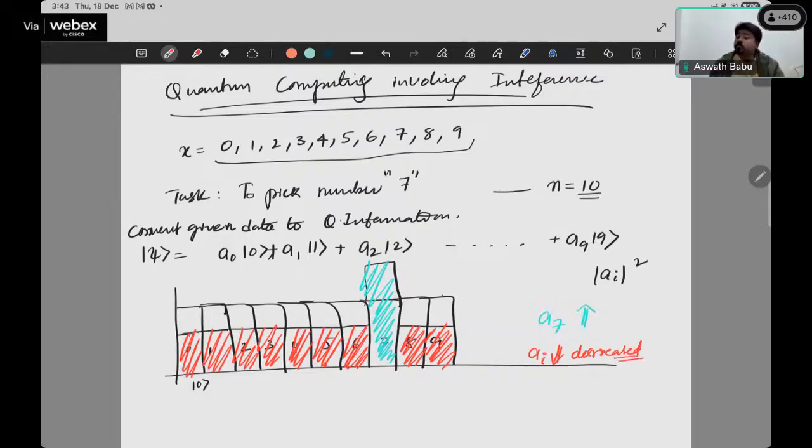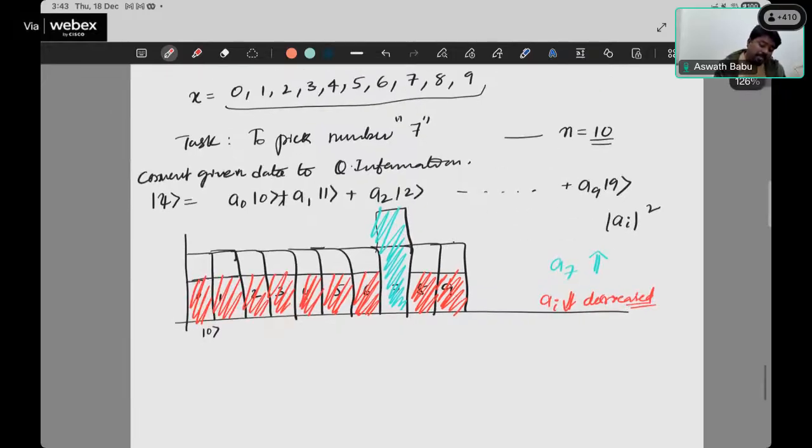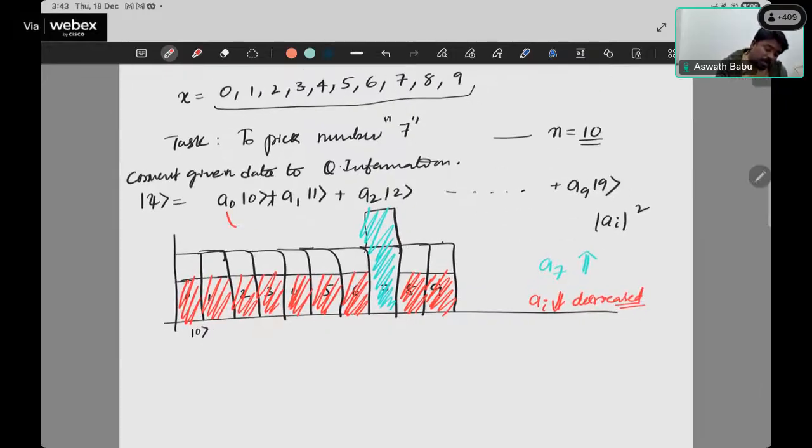By using quantum interference, by ensuring interference between the numbers, we can destructively interfere the probability amplitudes of each one. For example, a1 and a2 can be interfered destructively and reduce their amplitudes. A2 and a3 can interfere destructively and reduce the amplitude.